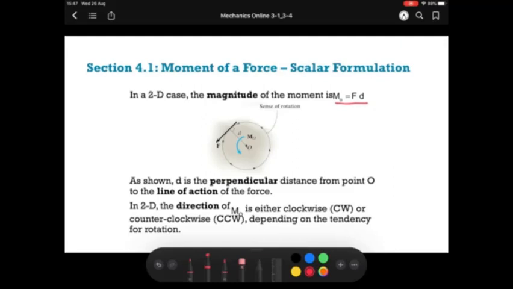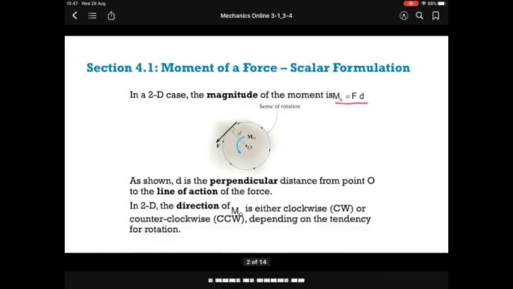So in a two-dimensional system, the direction of the moment can be clockwise or counterclockwise, depending on the direction of the rotation.